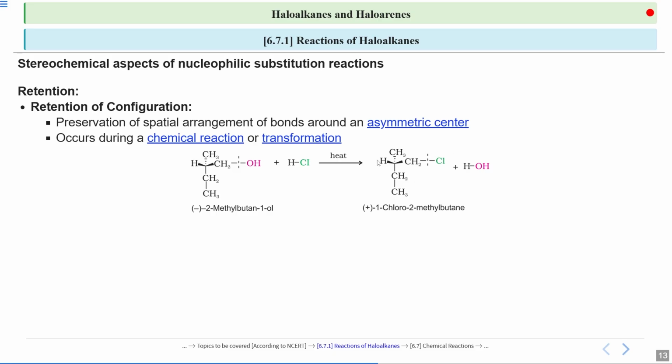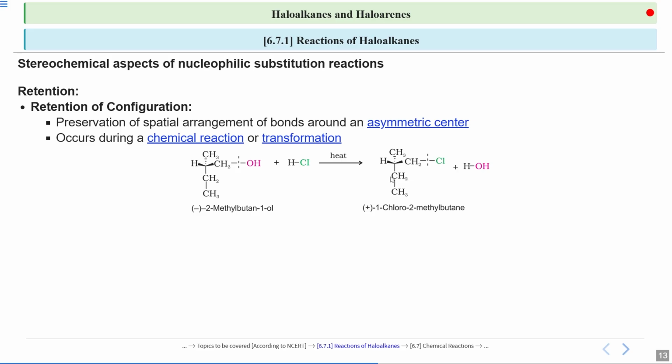So after heating, you will get this product, positive 1-chloro-2-methylbutane. That means at the first position you will get the chlorine, at the second position the methyl will be the same, and there is a butane chain. Plus H2O as a side product after the addition of hydrogen and hydroxyl group. The positive sign is representing that this product is dextrorotatory.